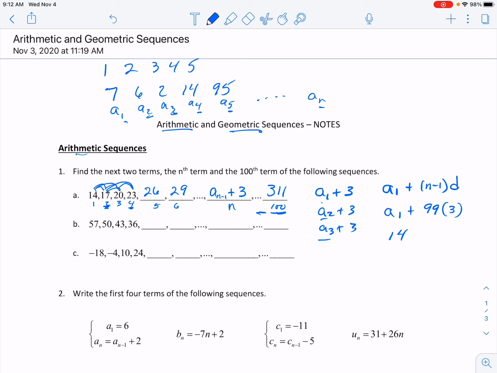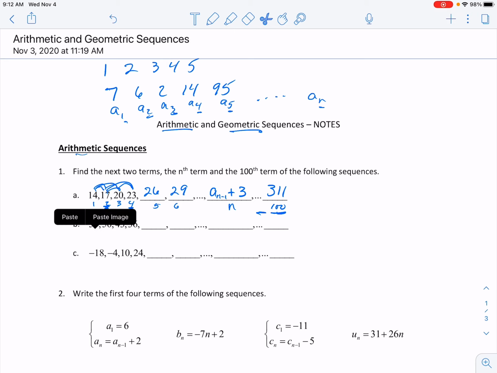Okay? So you're going to try and find that pattern, and you'll realize that you're always adding or subtracting the same amount. How did I get from 57 to 50, 50 to 43, 43 to 36? I'm subtracting 7. So 36 minus 7 is 29, 22. I take the term before it and I subtract 7.